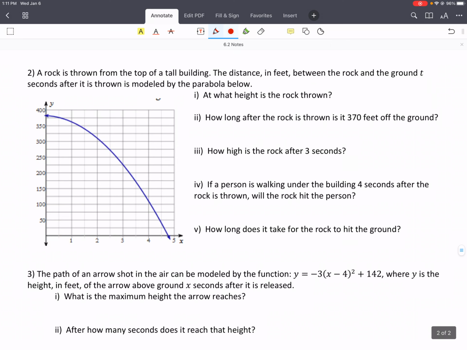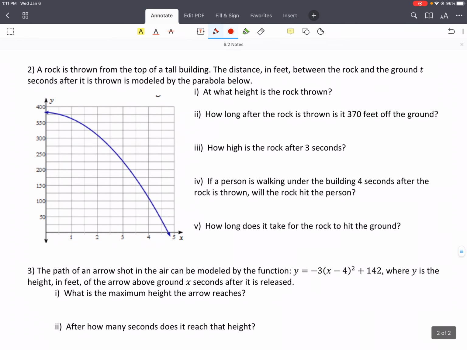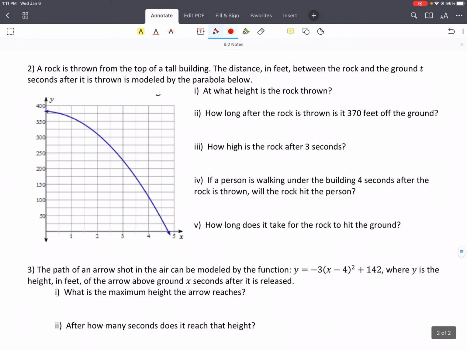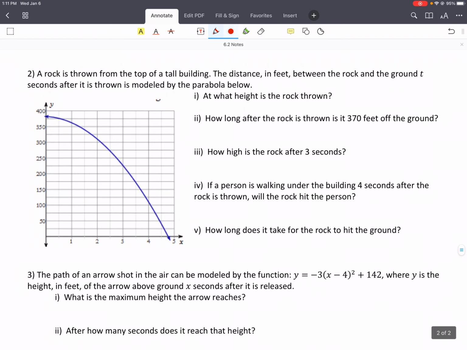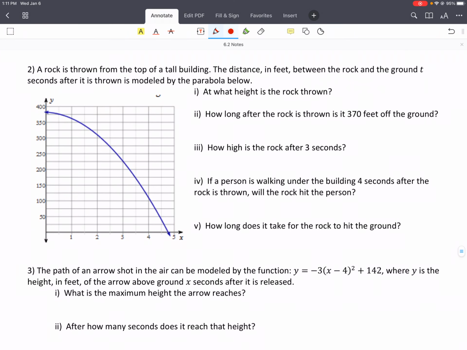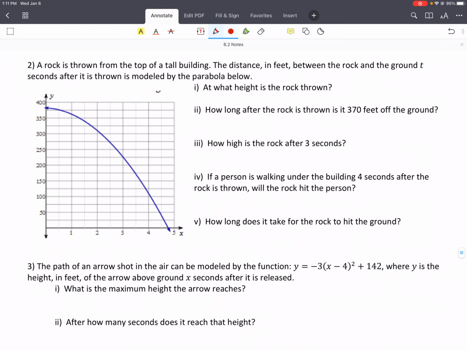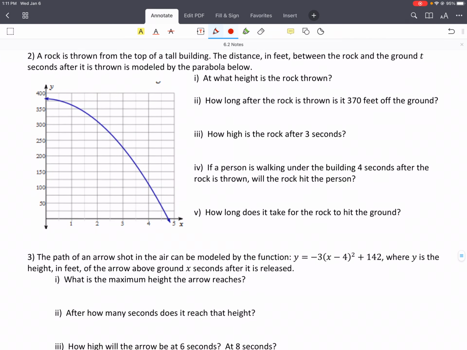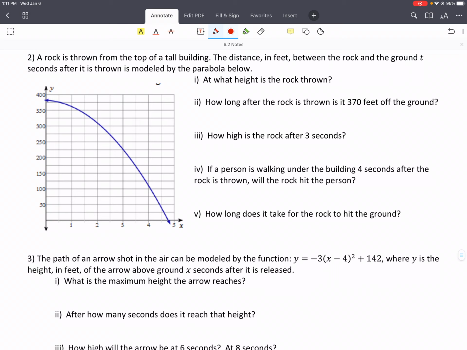I'll leave you guys this one. Number 2: a rock is thrown from the top of a tall building. The distance in feet between the rock and the ground t seconds after it's thrown is modeled by the parabola. At what height was the rock thrown? That again will be our y-intercept.